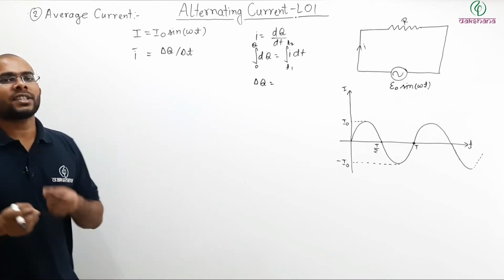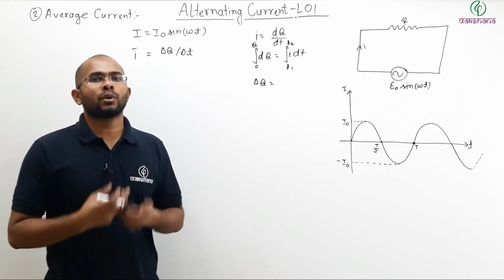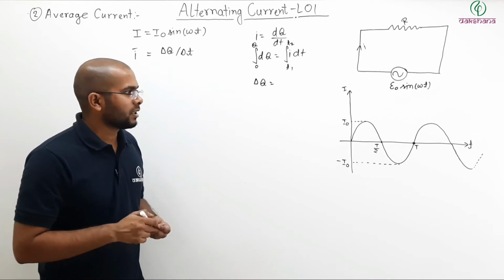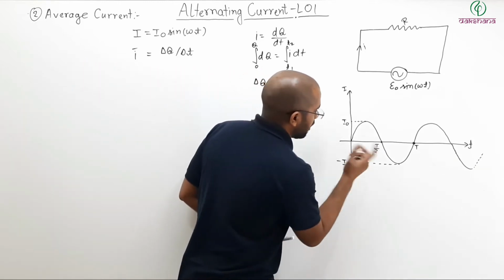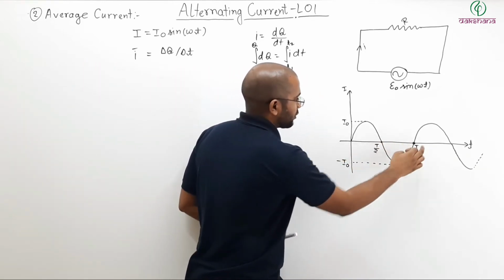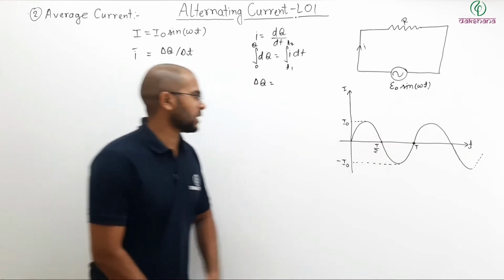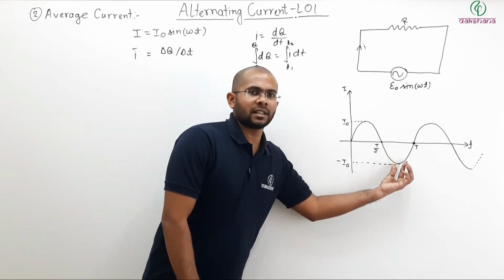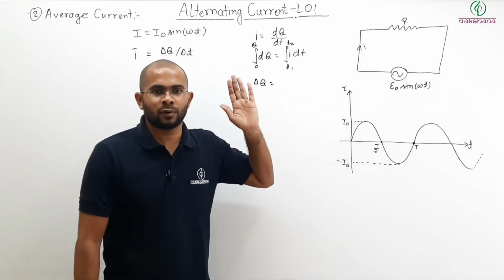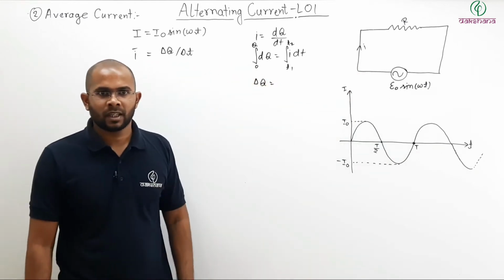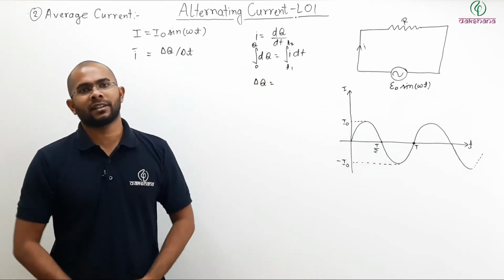So the total charge flowing, when you know the current, can be what? For example, let us say I ask you what is the total charge flowing from T1 to T2. You will simply say, sir, that this is the area under the curve and that is my total charge flown from a given cross section. And how do you find the area under the curve?